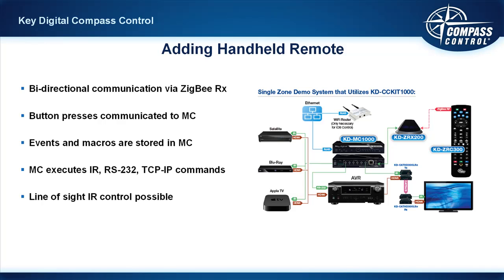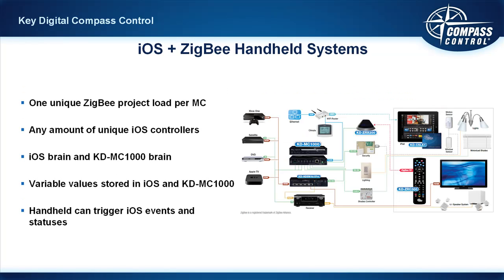Even the TCP/IP commands are executed in the master controller through that RJ45 port, which is connected to your network, and then via the local area network, your IP controllable devices are controlled. Now, the handheld remote control also supports line of sight IR, okay? And we'll teach you more about the KD-ZRC300 throughout the C1 level, including how to program that.